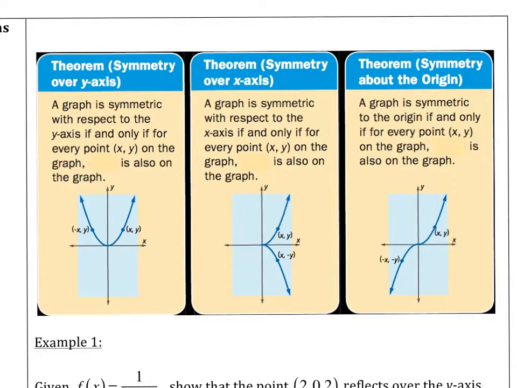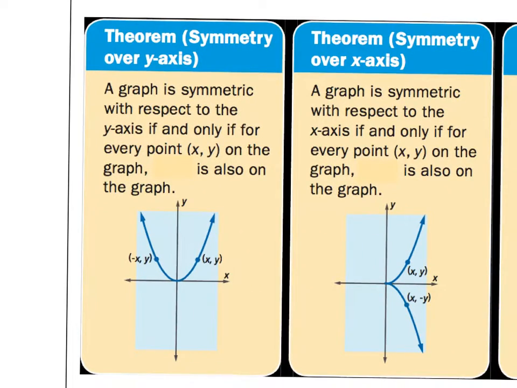All right, so let's take a gander at our lovely little theorems about reflections and rotations. And without a graph, how we can do this magic style. So the graph is symmetric with respect to the y-axis. So it is a vertical line of symmetry.